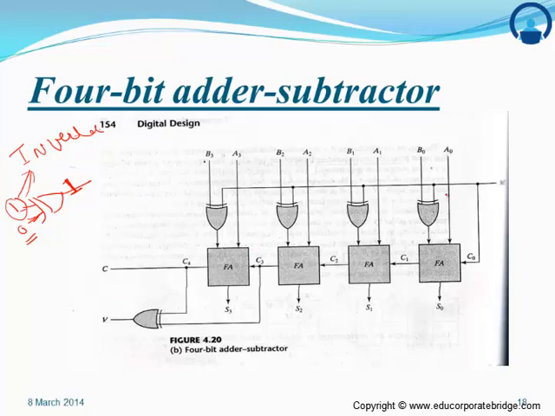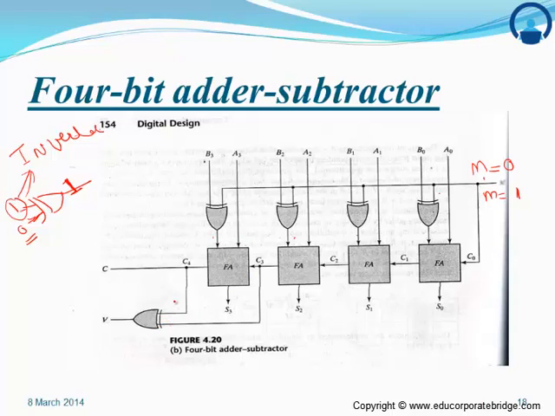Similarly, if we make a control line here as M and we give it as 0, the same output will be here and it will act as an adder. If we make this control line M equal to 1, it will give the inverted outputs of the second input, and those inverted outputs will act as a subtractor.